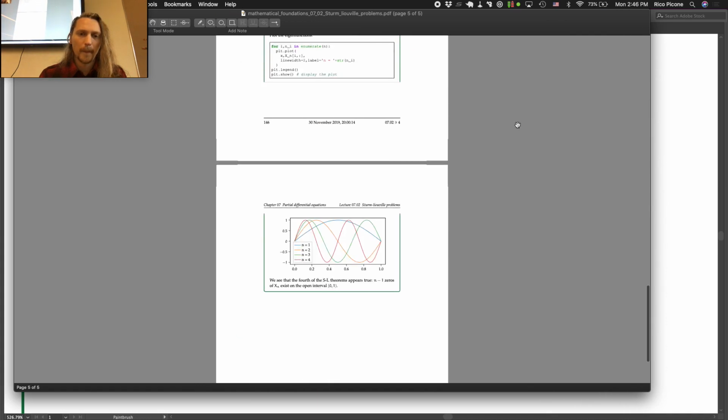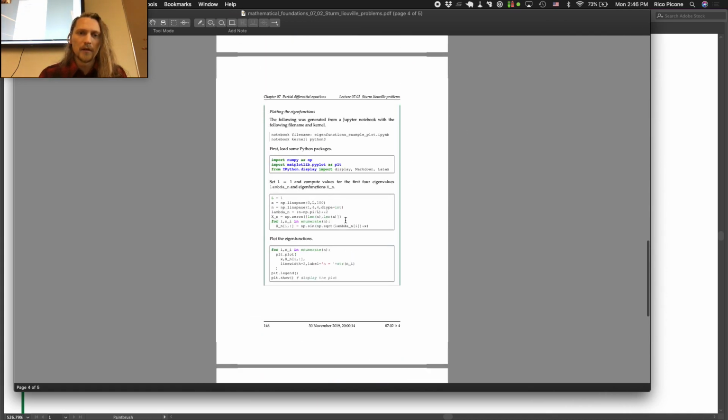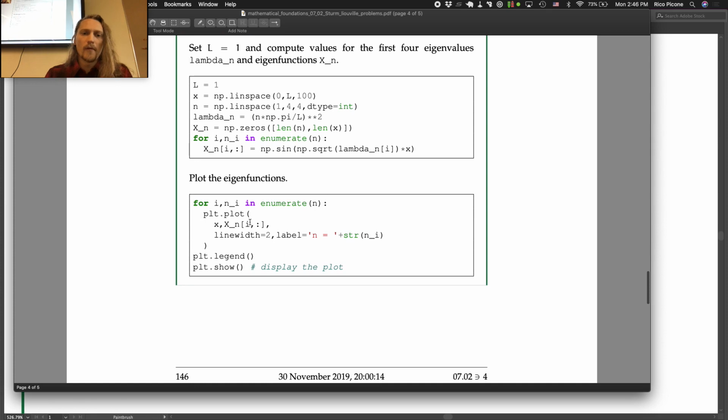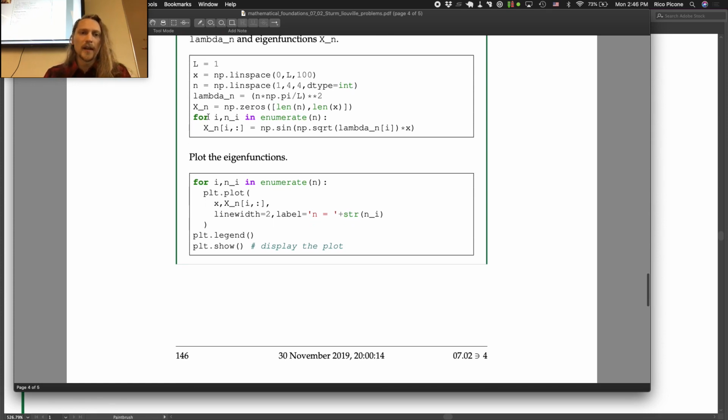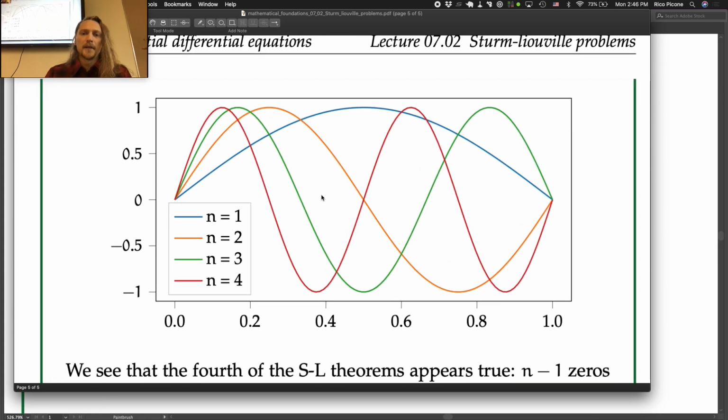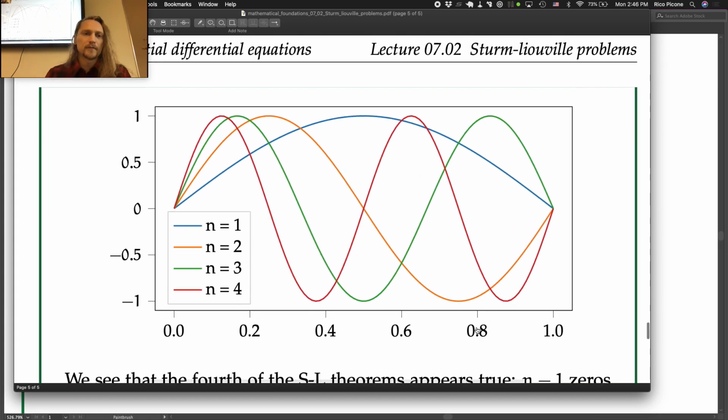Okay. So I just do a little Python, just a little NumPy plot, where I just create lambda n, X n, and then I calculated each X n for a bunch of values of x, and I set L equal to 1.